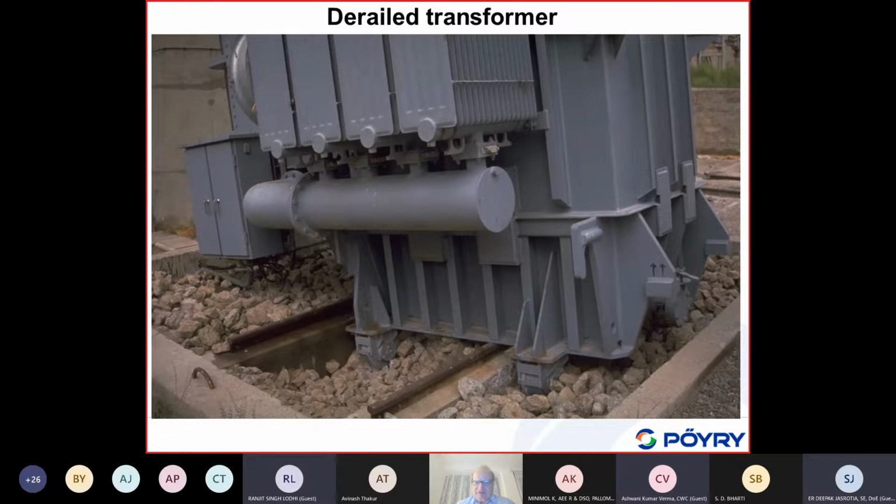Typically, for the transformers, people have to look into that from the seismic point of view, and they must block them, or attach them with brakes to the rails, or anchor them in a proper way, so that we do not have derailing, which may also cause leakage of hazardous oil in these transformers.